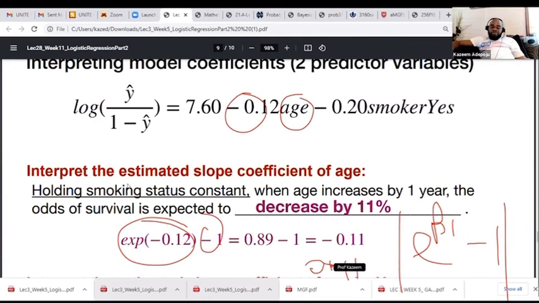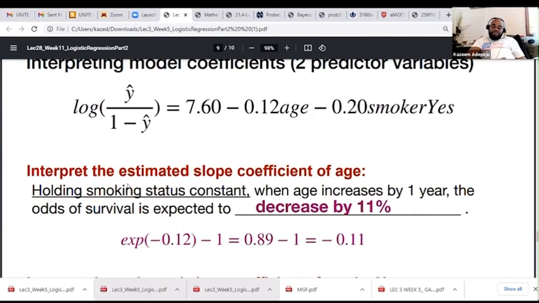Then you're going to multiply 0.11 by 100, and that's going to give you 11%. So holding smoking status constant, when age increases by 1 year, the odds of survival is expected to decrease by 11%. That's how that is interpreted.